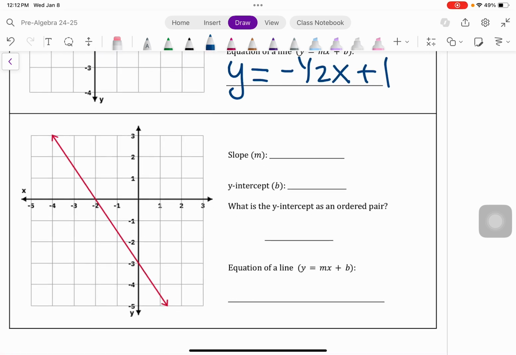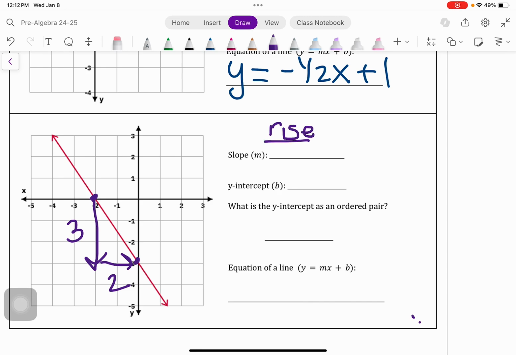Once again, in order to find slope, I need to find my perfect points. Then I'm going down 3 and to the right 2. And yes, x and y are counting by 1s, so we're good. Rise over run, so -3 over 2, because I'm going down 3 and to the right 2.